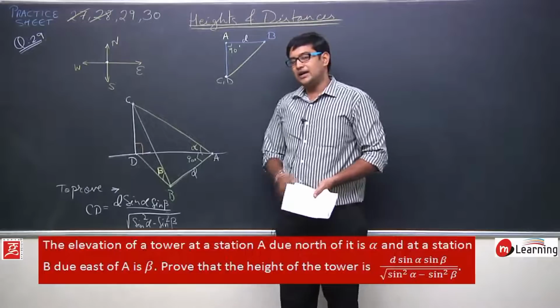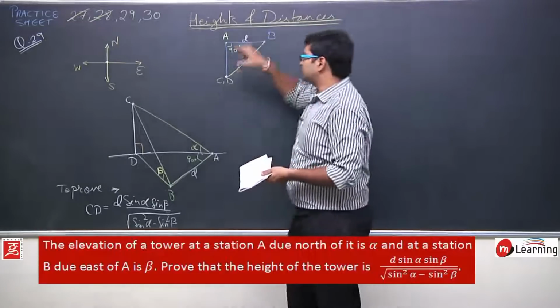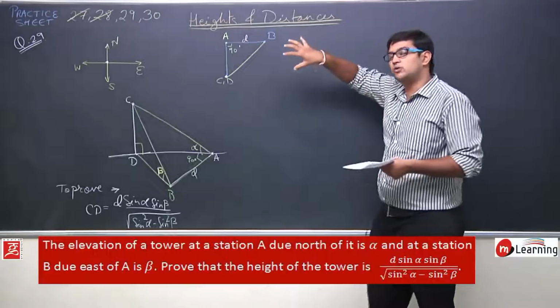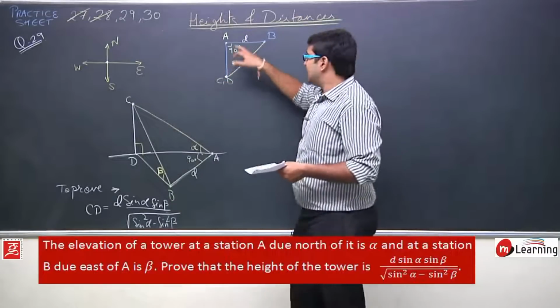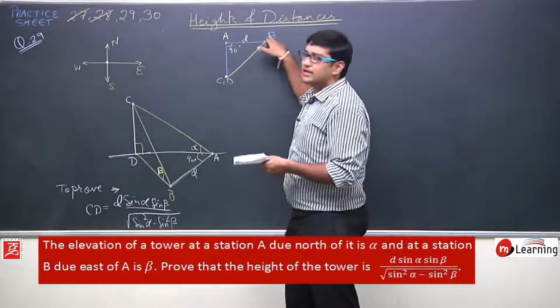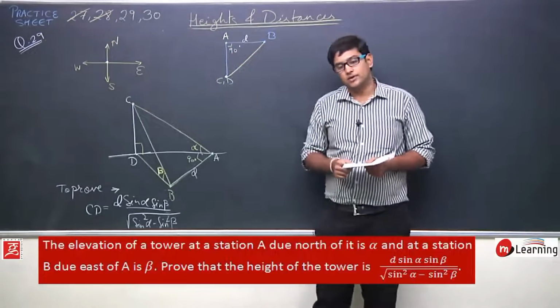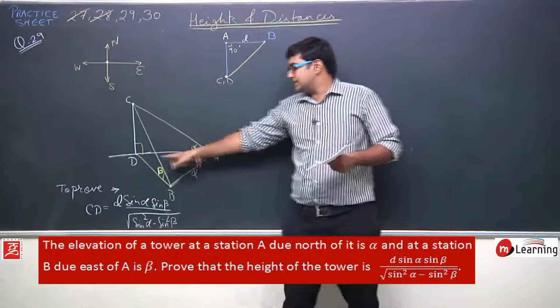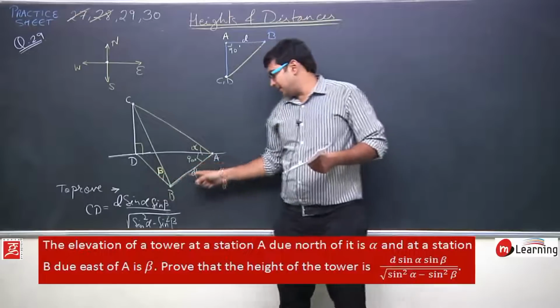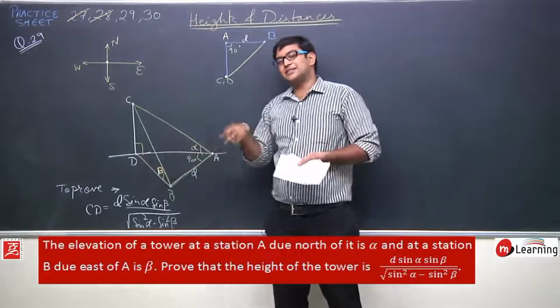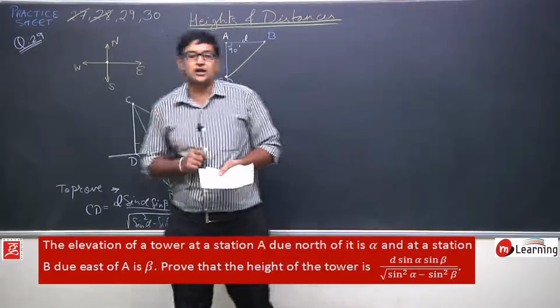Okay, and if I observe the same situation from the top view, I will be able to see that ADB represents one more right angled triangle. Okay, why D? Because D is the foot of the tower and A and B also lie on the ground. So DAB, it also represents a right angled triangle.